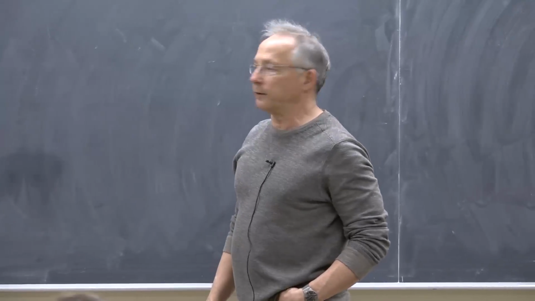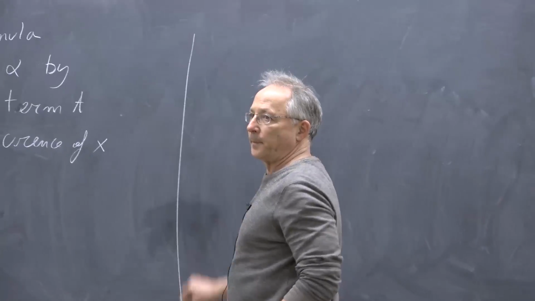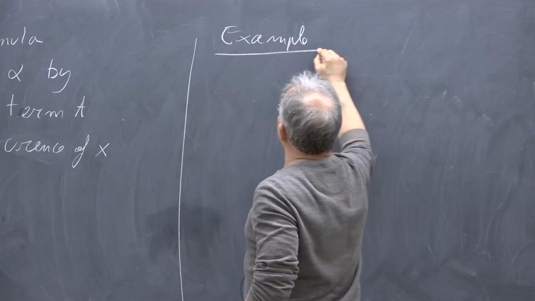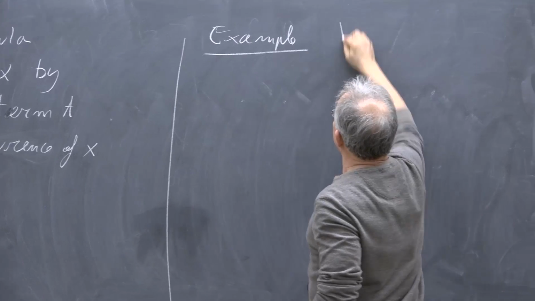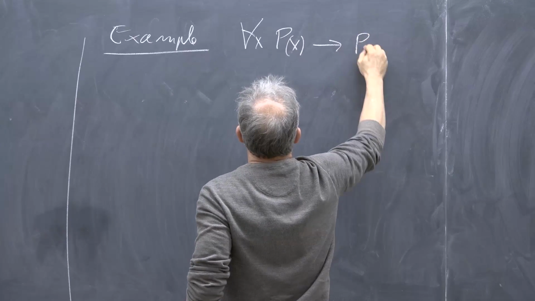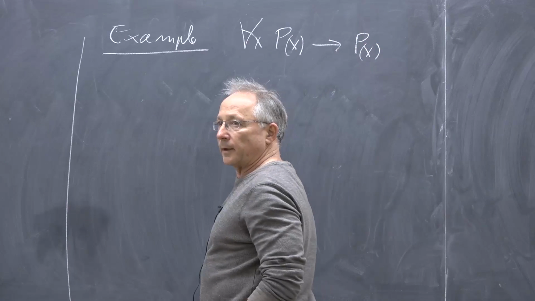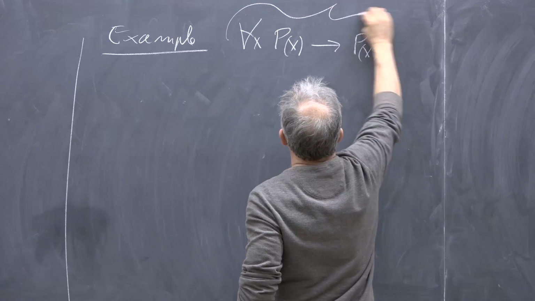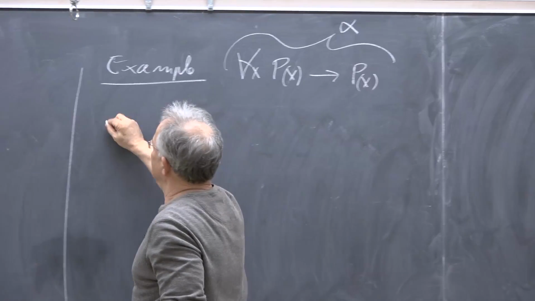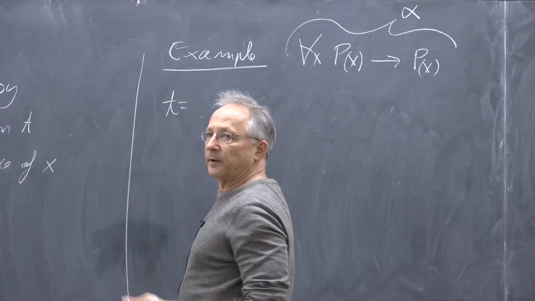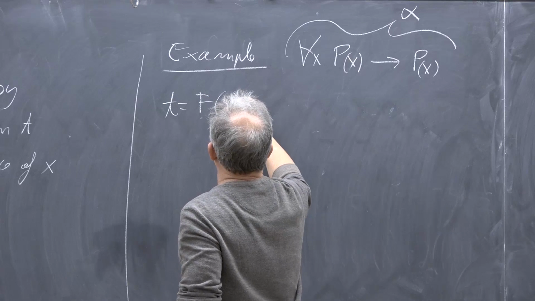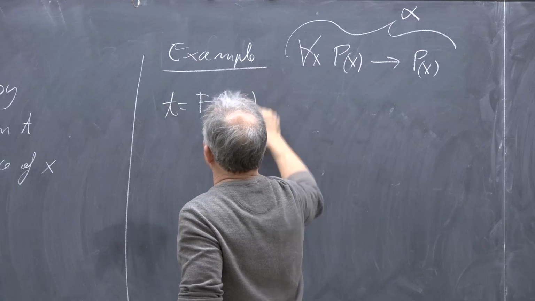So here is an example. Say I look at the formula that says, for all x, p of x, arrows p of x. Let this be my alpha. And let t be some term, say I have a function symbol f of x y.